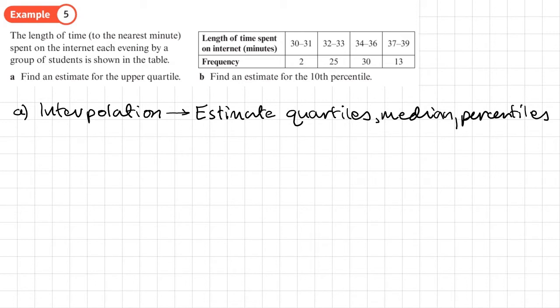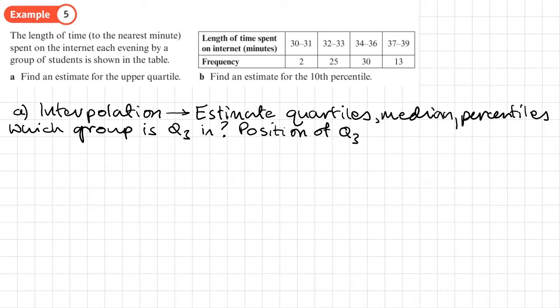So the first thing we need to do is to work out which group I'm going to find the upper quartile in. So we're going to do that by actually working out the position of Q3. Then we can use the cumulative frequency to work out how far I need to go. So position of Q3, that is going to be 3/4, that quartile is a fraction, times by the total of the frequency.